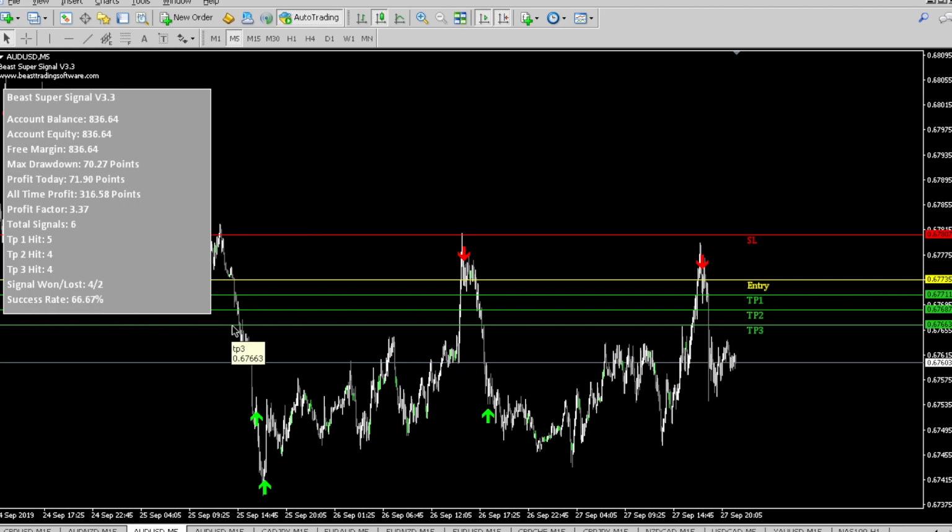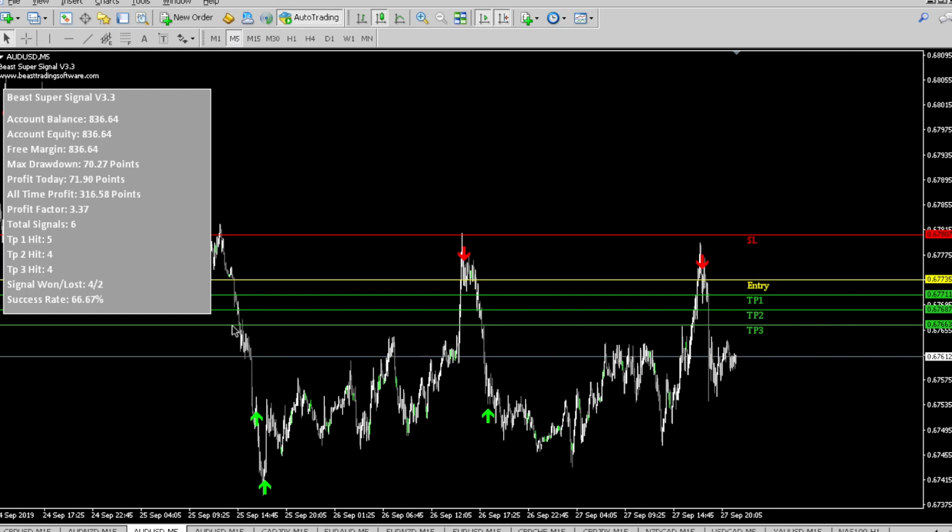Now that I'm talking about the success rate, I just want to touch on that very lightly. We base our statistics on the amount of signals that hit take profit 3. So whenever we calculate a success rate, it is based on when price hits our take profit 3. If price hits take profit 1 or 2, that is not factored in as part of the total success rate. Now we also advertise and say that our indicator is 70% accurate, and that is correct, but that is an average.